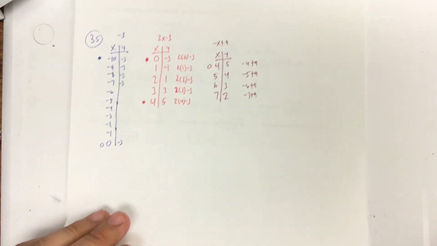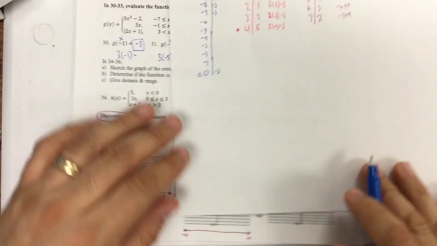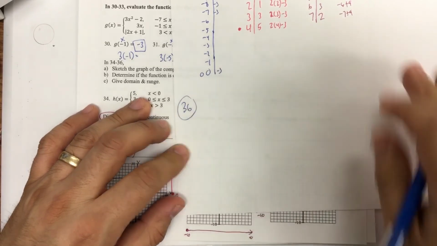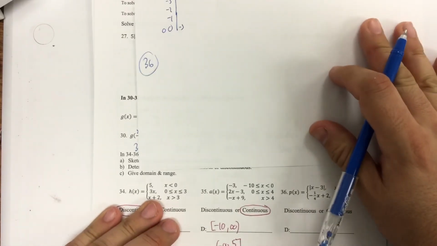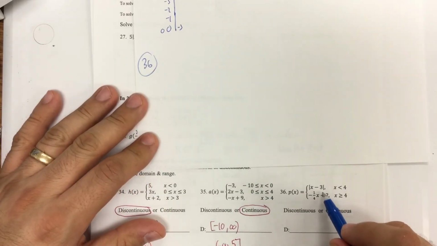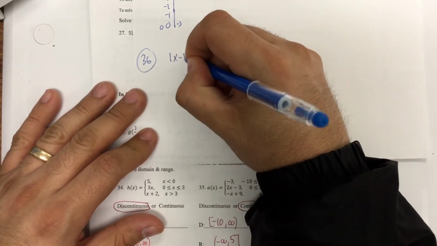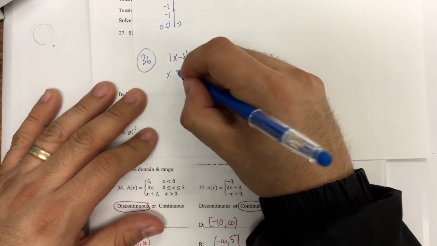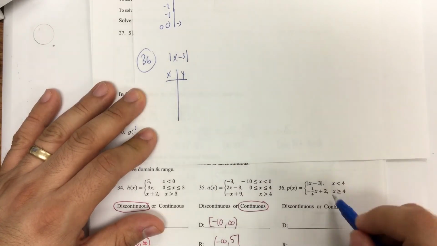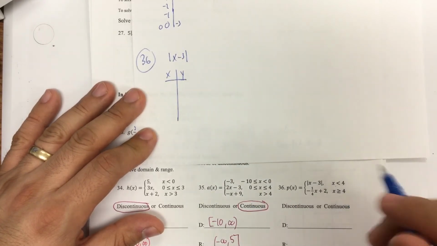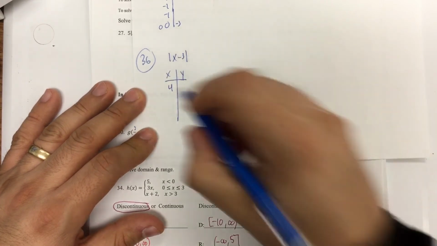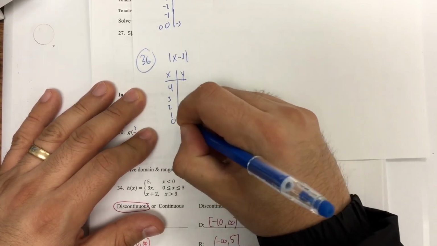All right, last we have this piece right here, number 36. So for 36 here, you see the equation, the absolute value of x minus 3, where x is less than 4. So when I make my table, x is less than 4. So numbers less than 4 are 3, 2, 1, 0.